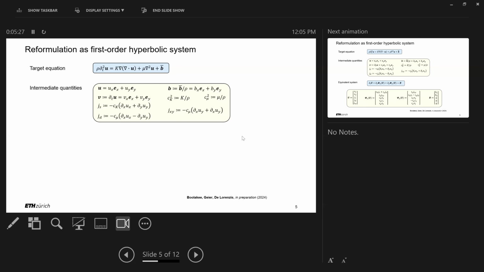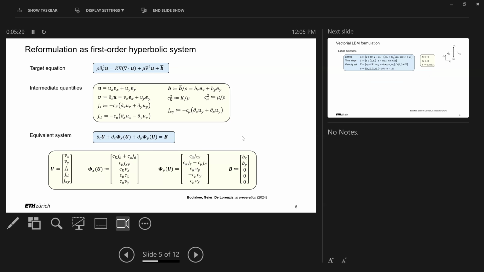It's not quite the Cauchy stress, but they will appear here then in this canonical form of our first order hyperbolic system. So we bring this target equation into this form. It's the same equation, just written in a different way. But this allows us, so now we only have a first time derivative here, and then we have this standard form of a hyperbolic system of equations. And then here we plug in all these definitions.